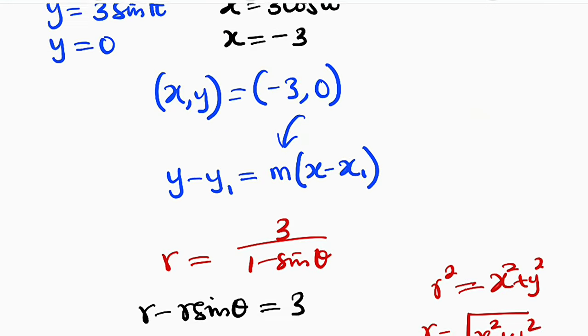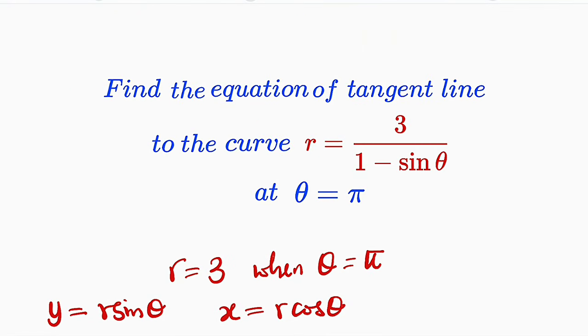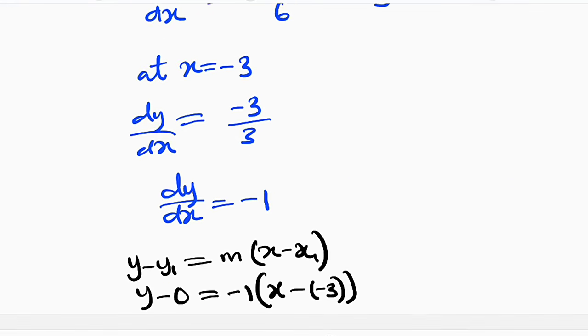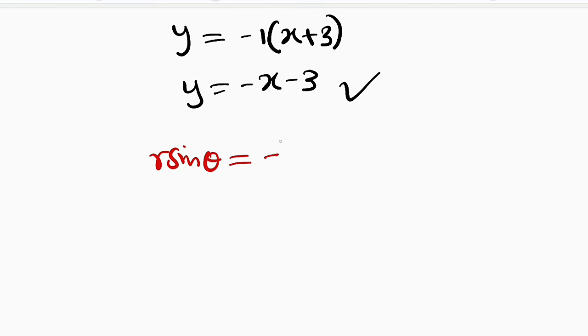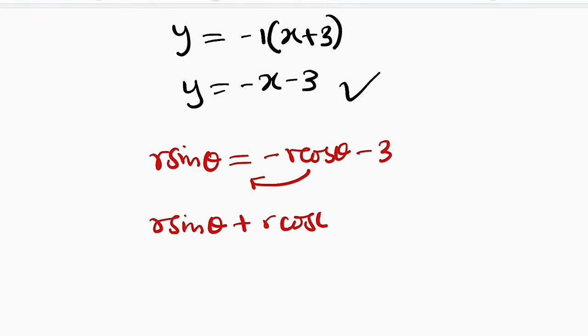But since our original equation is in polar coordinates, we can simply transform back this equation into polar coordinates. All right, let's do that. Remember, y is equal to r sine theta. This is equal to minus x, which is r cos theta. And we still have minus 3. Bring this one to the left. We have r sine theta plus r cos theta equal to minus 3.